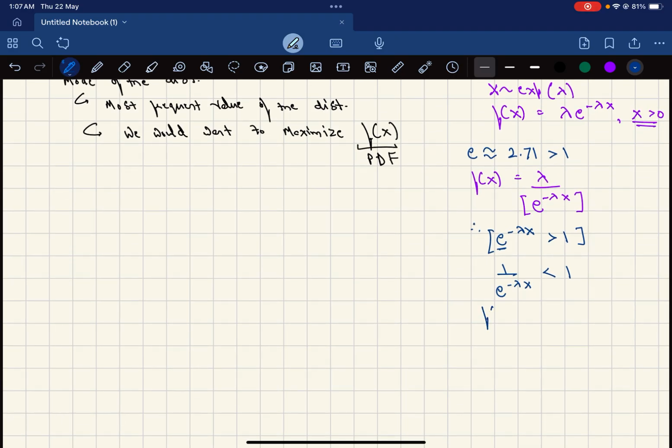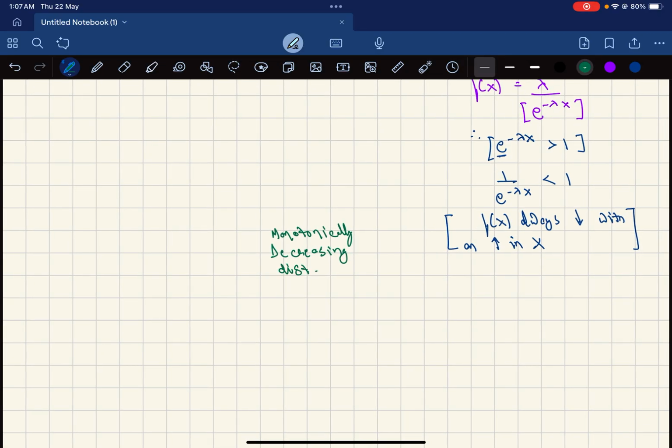Therefore, f(x) always decreases with an increase in x. Now, this particular property of exponential distribution makes it a monotonically decreasing distribution.